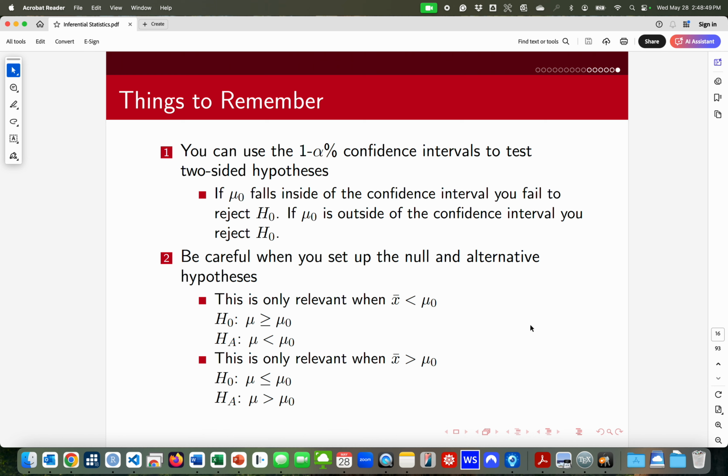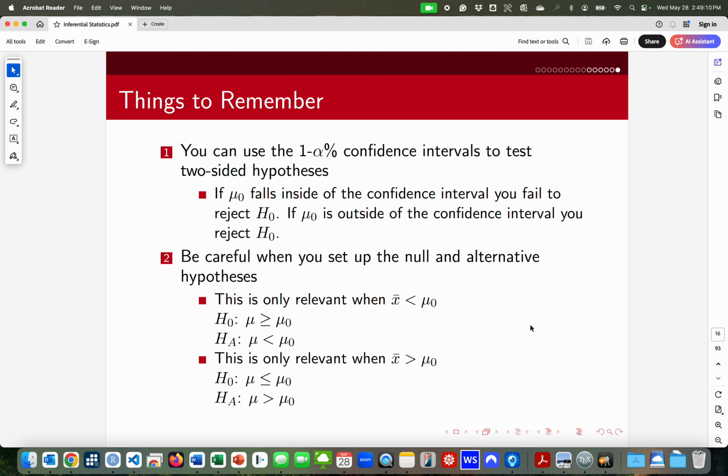So if they're claiming greater than or equal to 5 and you observe a 10, well, that's consistent with what they're claiming. If they claim less than or equal to 10, you observe a 5, that's consistent with what they're claiming. So make sure you draw the distribution, write down, shade the rejection regions, and it'll help you avoid some silly mistakes.